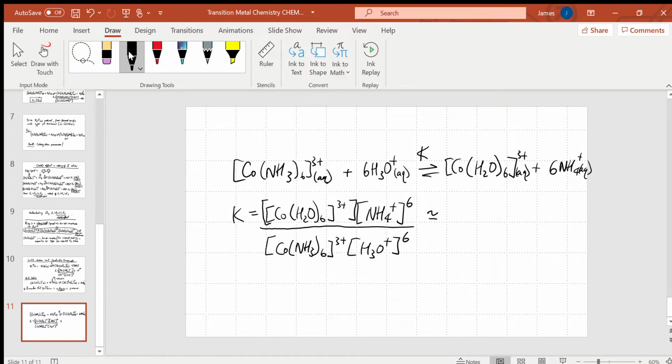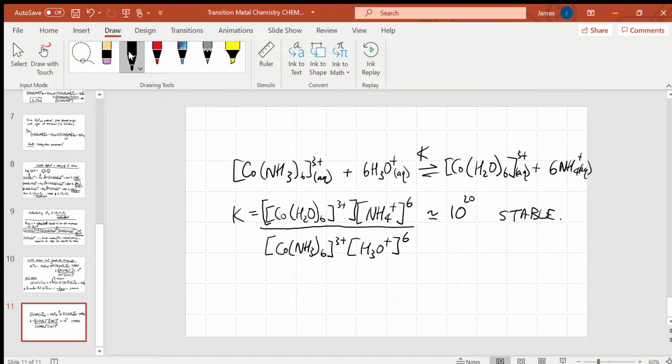And this is roughly equal to 10 to the 20. So again, it's very stable. Stable because it's a lot larger than 1. Or rather, the product is stable here, so the numerators are stable.